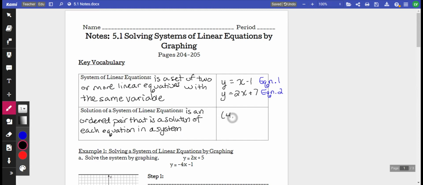So for example, 4, 7, or negative 3, negative 5. It is written as an ordered pair.